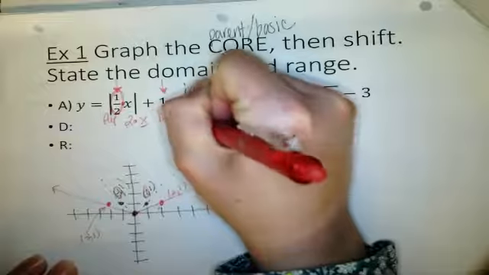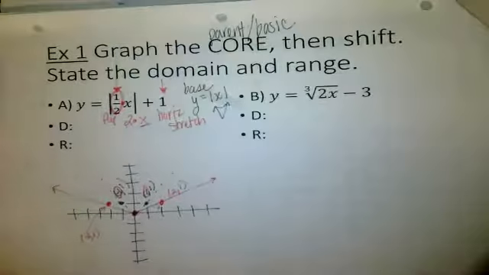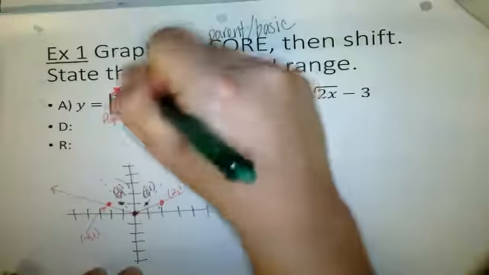Horizontal stretch by a factor of 2, you can see how it pulled those x values wider, all right? So we got wider horizontally, stretched horizontally. All right, now we've got our wide graph there. What does this +1 do?